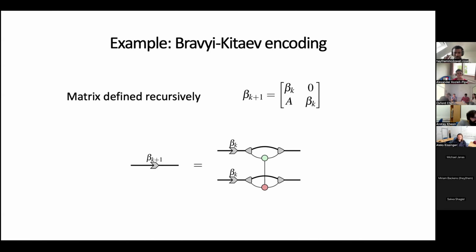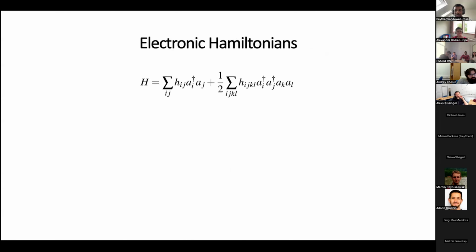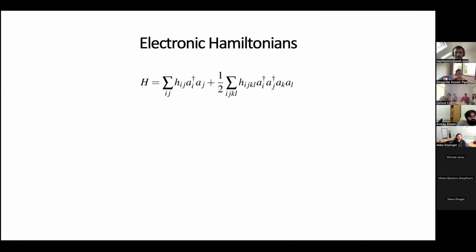Now I will talk about what linear encodings can do in general in a moment. But first, I want to talk about electronic Hamiltonians and what they are good for. Well, I'll tell you. An electronic Hamiltonian represents the interactions that are going on inside an atom. So if you have an atom, it's got a nucleus, it's got some electrons.